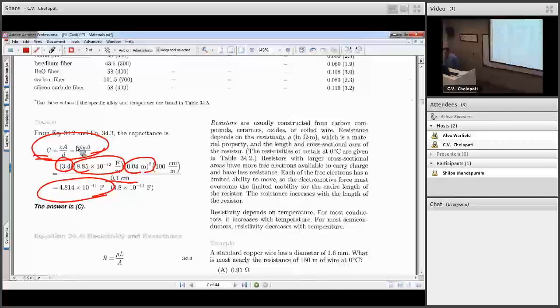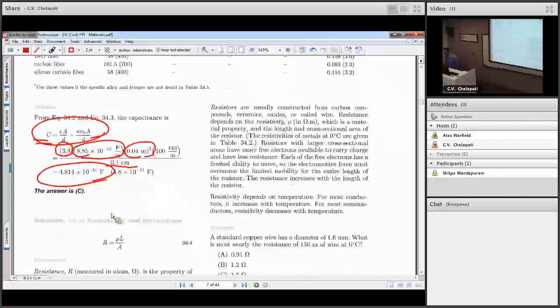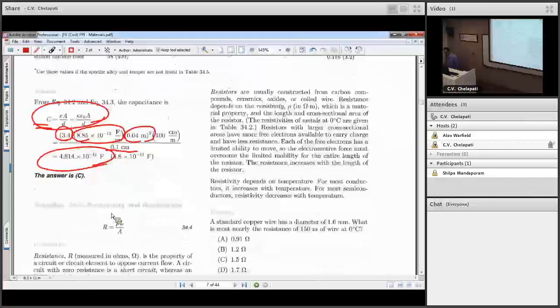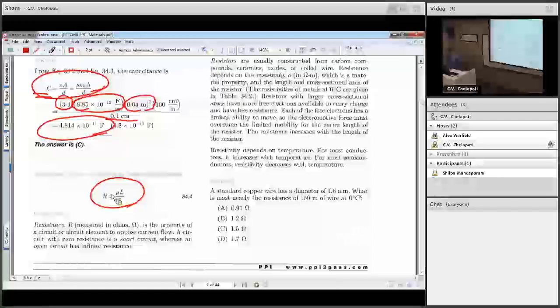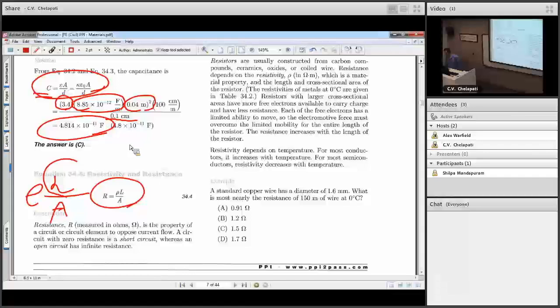And so the way we can tackle this problem is that first we find the capacitance. It's 3.4, which is the K value, multiplied by the permittivity in vacuum, multiplied by the cross section 0.04 squared, divided by the distance between the two plates, which is 0.1, and this gives the final answer.